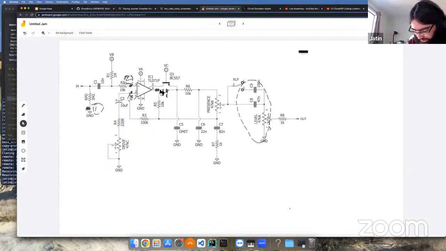And then these two are going to be in series as well. So the rest of that input stretch is going to be a little bit interesting. So we'll maybe come back to that in a minute. Oh, and that's kind of interesting too. Apparently the C5 is omitted here, so maybe we don't need that one after all.